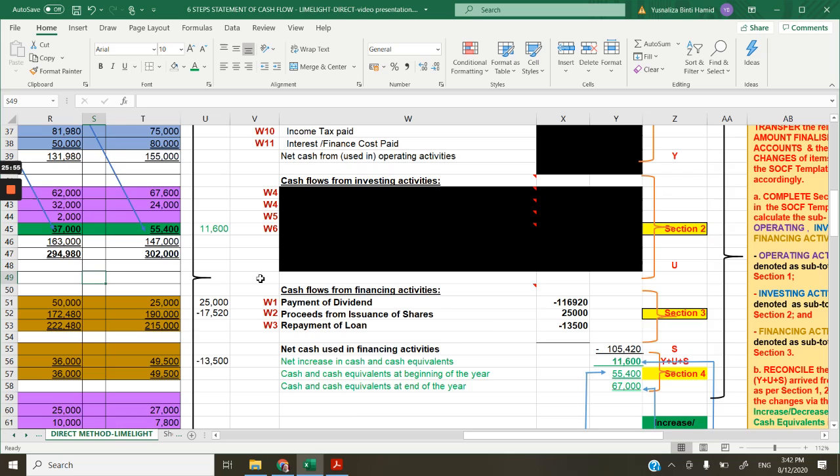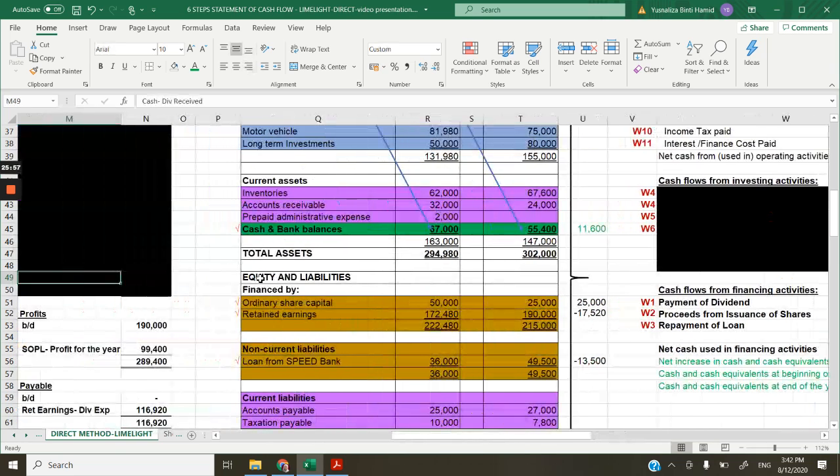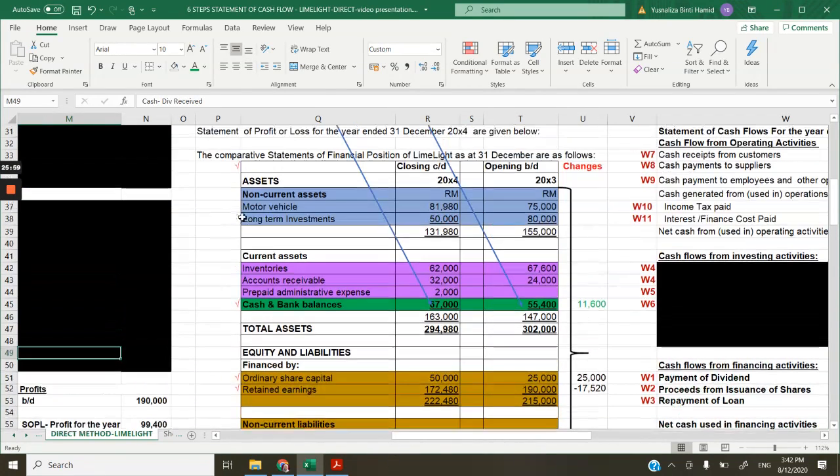As I said, after you have done that, you should always go and perform a check here. So now we go to the items that we will do, to find whether there is any cash flow from investing activities, either an outflow or an inflow.